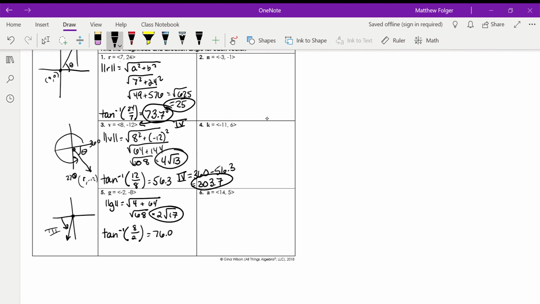So I need to add it to 180 to put it in that quadrant. So in quadrant 3, it's going to be 180 plus 76.0, which is 256.0.